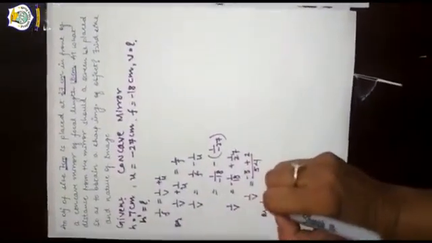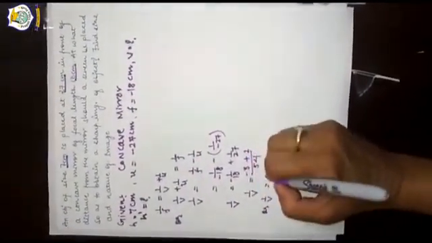Now solve it. It is minus 3 plus 2, so 1 upon V is equal to minus 3 plus 2, which will be minus 1, or V is equal to minus 54 centimeter.